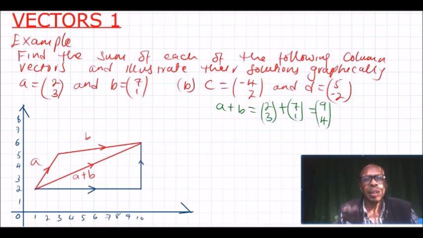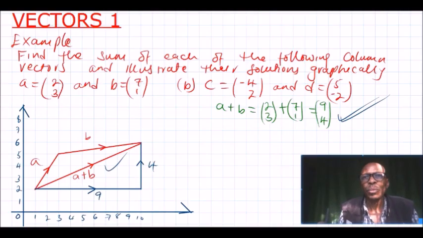So this is 9 and this is 4, as we have proved. So you can see it works. So that is how you illustrate. When you sum, you get this. When you illustrate, you get this.